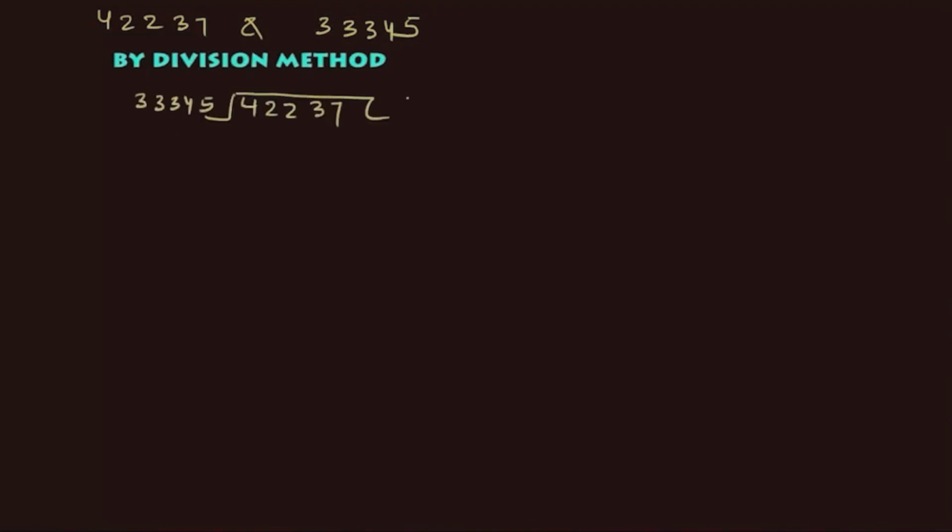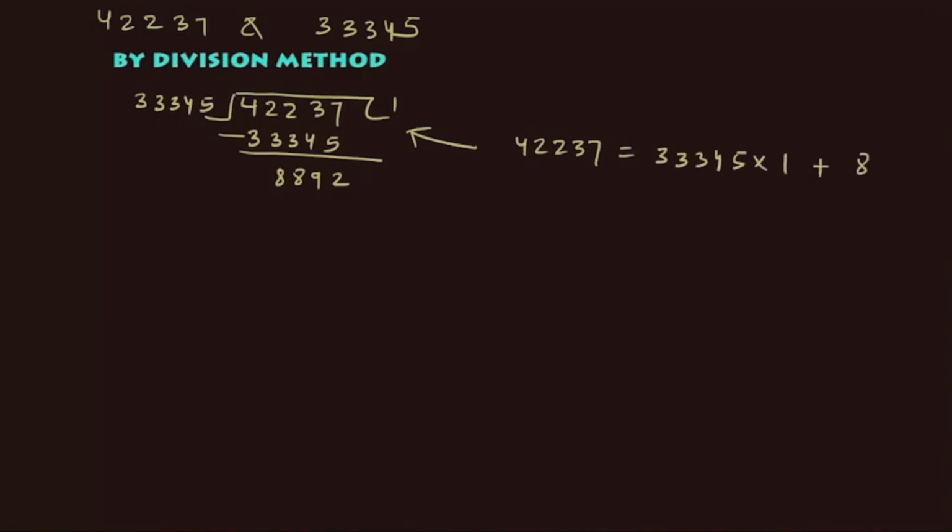So let's divide the two numbers. This is going to go one time here. So we can write it as 42,237 is equal to 33,345 into 1 plus 8,892. Here we can see that the remainder is not equal to 0. So let's now consider this remainder as the divisor and the previous divisor as the dividend, that is, the number 33,345.